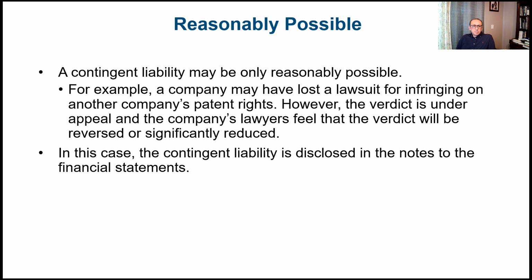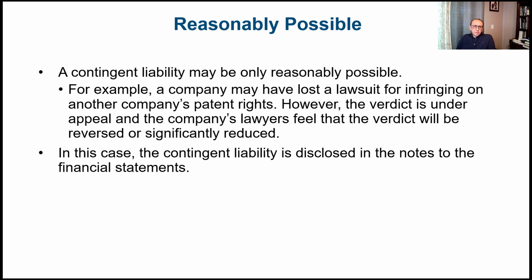How about reasonably possible? A contingent liability may be only reasonably possible. In some cases, we cannot really think it's probable. It's not like 90% or above, it's below that. In this case, we don't worry too much about the amount. So if it's reasonably possible, we're going to disclose it and that's it.